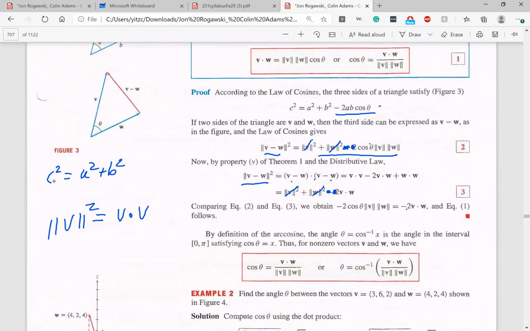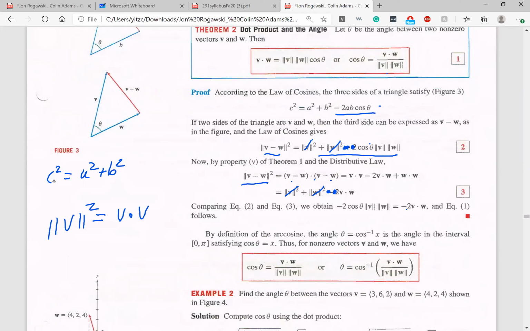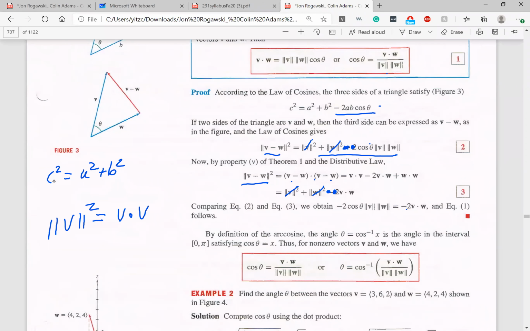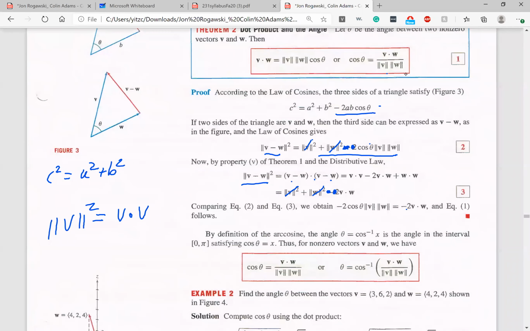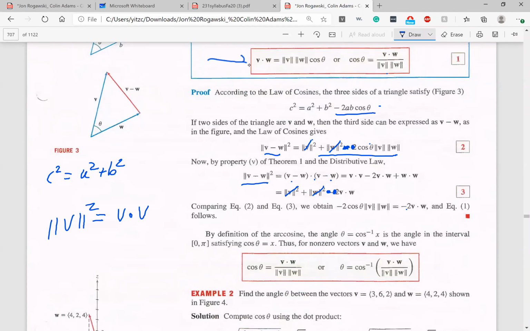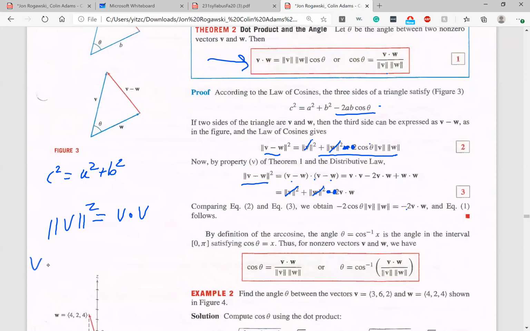Hello? Do we need that equation, or is that just showing the proof for what's in the red box beneath it? So this was just the proof for this box, for this equation, that V dotted with W is equal to the magnitude of V times the magnitude of W times cosine of theta.